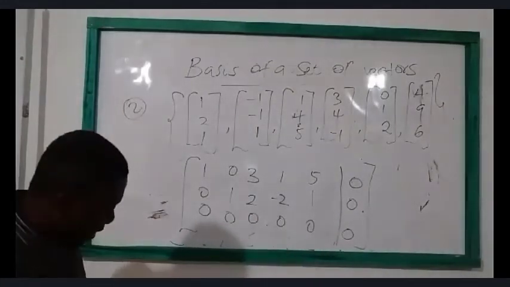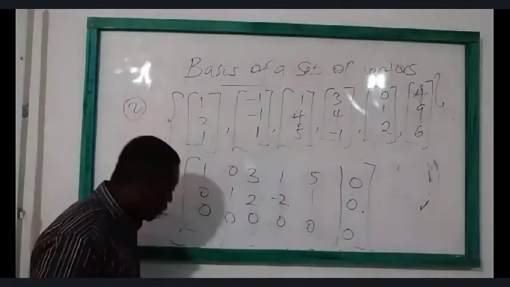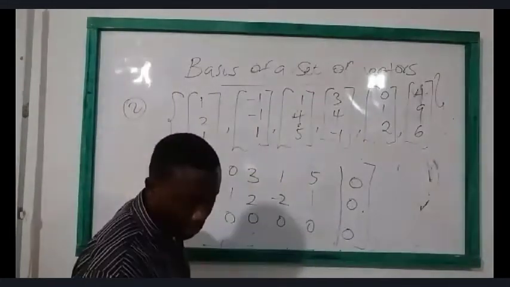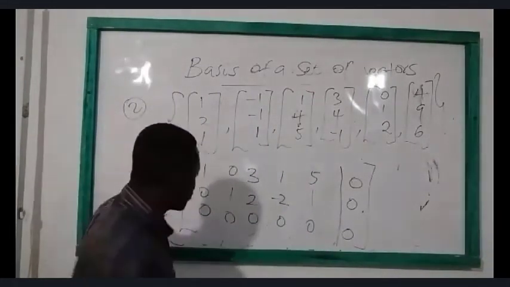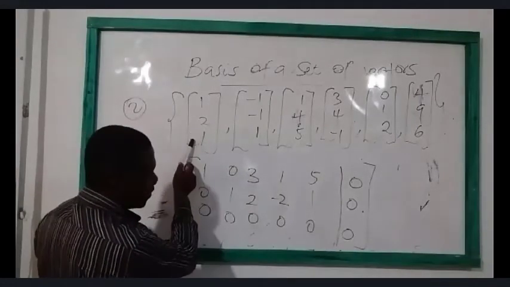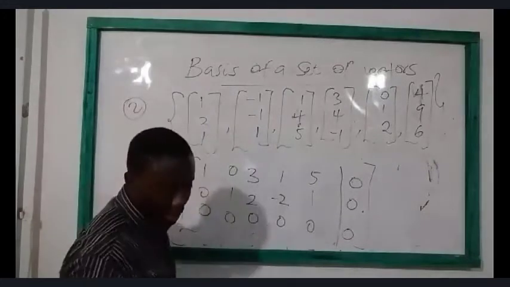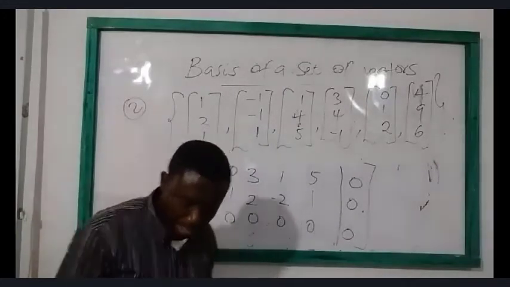So what it means is that their corresponding vectors will not form the basis, so you are just going to focus here. If you pick the first vector, it is going to form a basis. You also pick the second one, it's also going to form a basis.